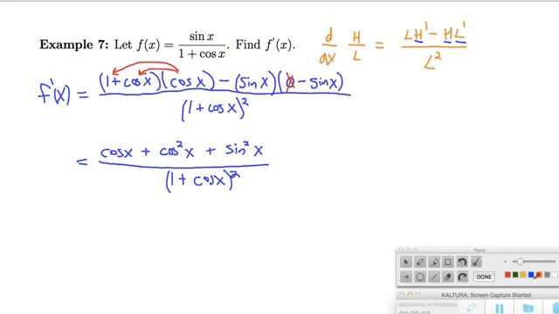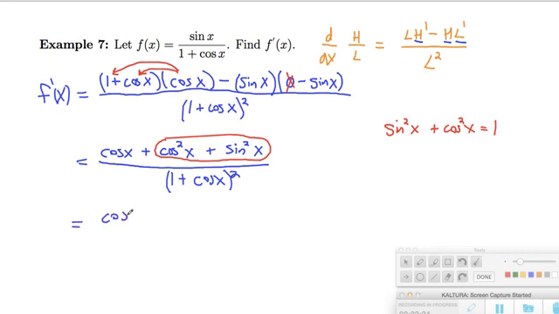Okay, a little bit more simplification that you can do. Don't forget that we've got the Pythagorean identity. Sine squared plus cosine squared equals 1. So for this part right here, if I want to simplify, I can actually write the number 1 there instead of that complicated part.